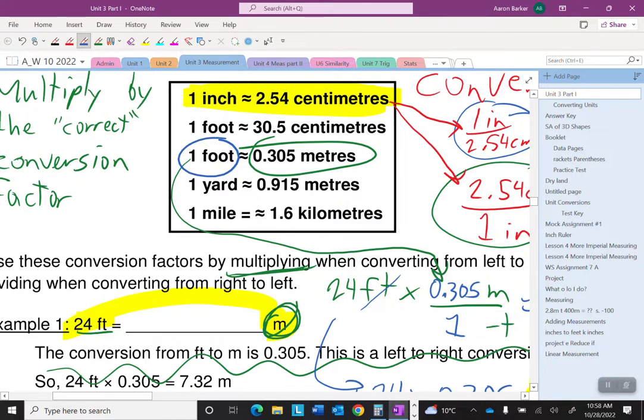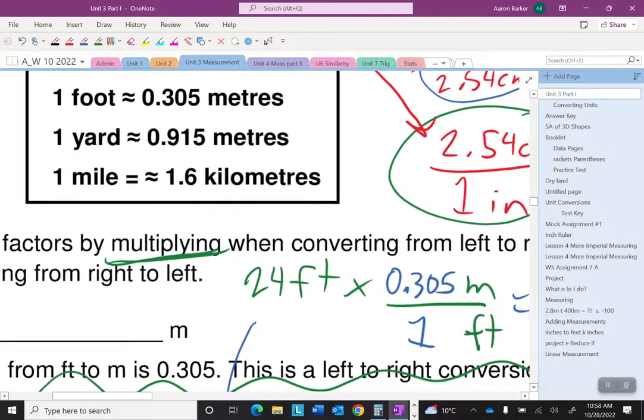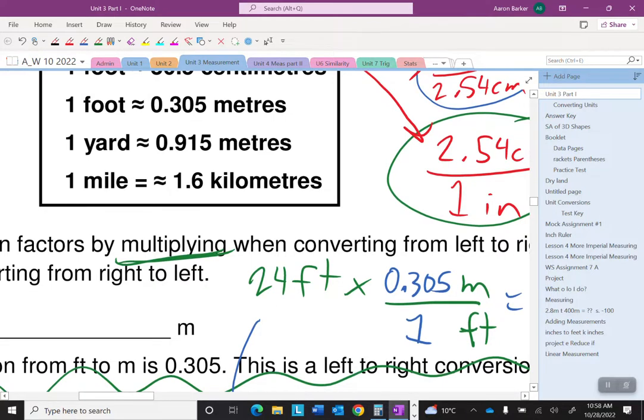Okay. So what I'm going to do then, I set it up as 24 feet. Okay, write that down. 24 feet, write this down. 24 feet times, and you just told me I have to use meters on top. So 24 feet times 0.305 meters divided by 1 foot.